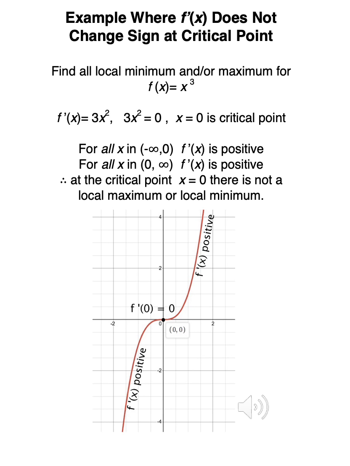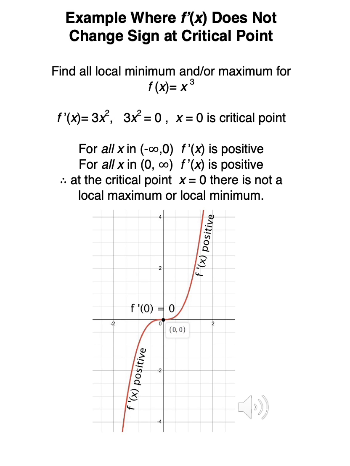This is another special case where we're trying to use the first derivative test to see where we're going to have possible local max or min points.